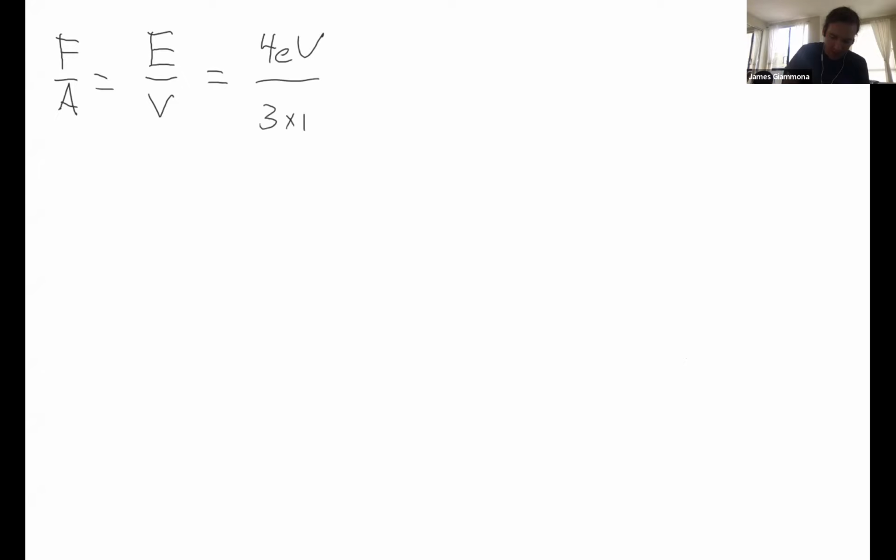Okay, so what were we trying to find? We were trying to find this force per area. And we said, okay, that's going to look like actually an energy per volume. And so that's going to be 4 eV over (3 times 10 to the minus 10 meters) cubed.